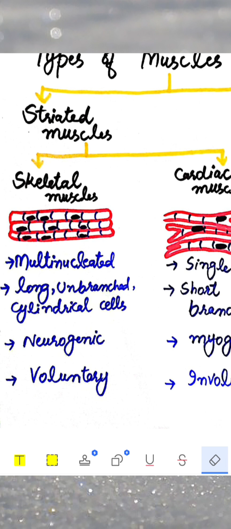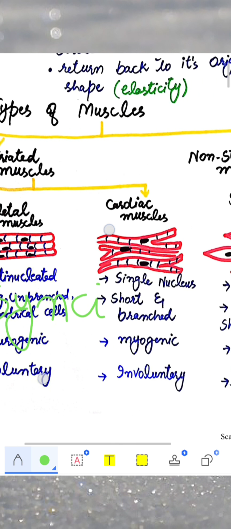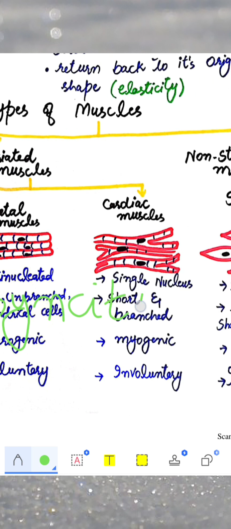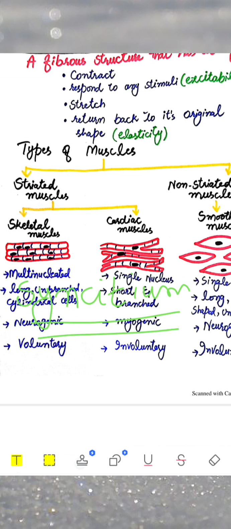And this type of cell in which more than one nucleus is present is known as syncytium. You can see in your course book that this terminology is written, syncytium, the cell of the skeletal muscle in which more than one nucleus is found. So this is known as syncytium.